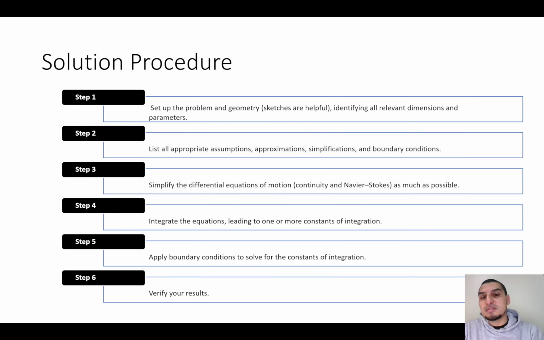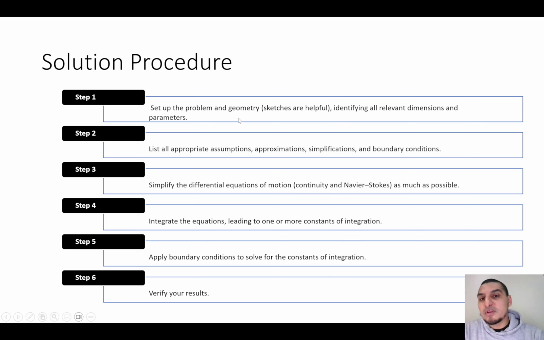So the first step is to set up the geometry. It's very, very helpful to have a sketch of the problem, and this is something we will have in all the problems that we are going to cover here, that we have a drawing of the problem, so we know the dimensions, which is x, which is y, which is z, and to have a feeling of the system.